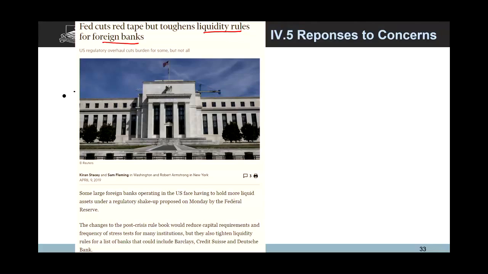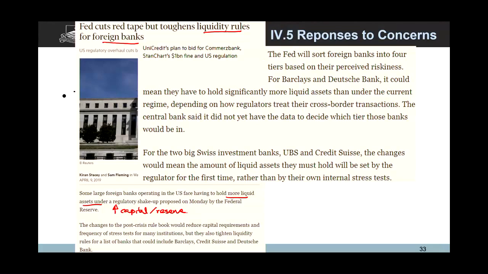They want them to hold more liquid assets, so that is to increase capital reserve. And that's why we see all the different versions of Basel being rolled out. And then we also have the case where the Fed is going to pay more scrutiny on foreign banks. They're going to sort them into 4 different tiers based on their perceived riskiness and so on. And then you can read about those as well.